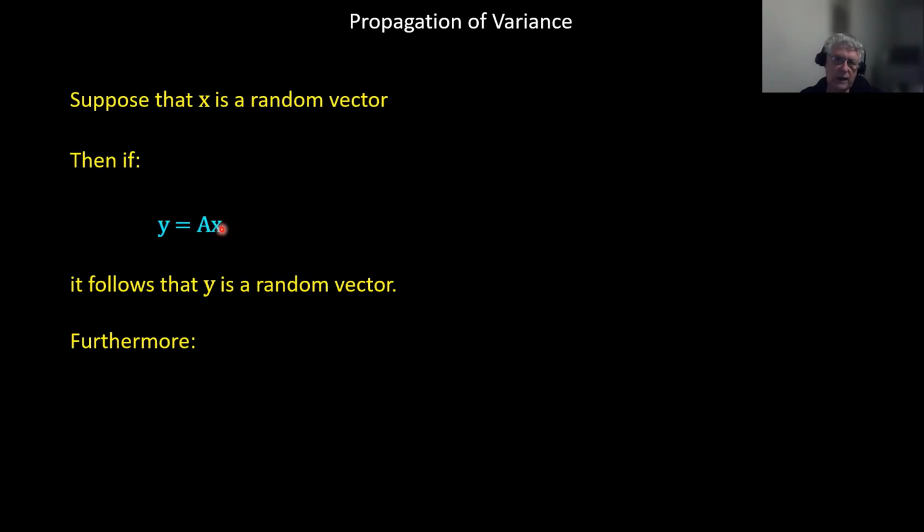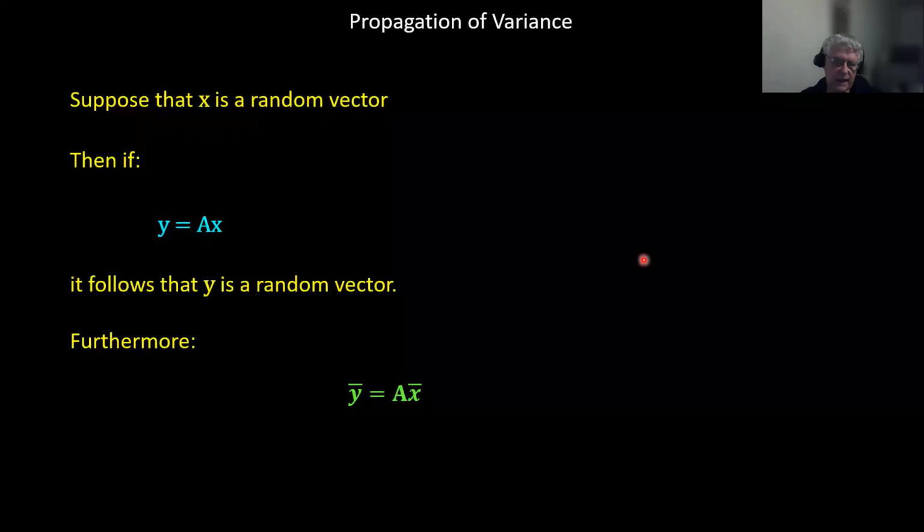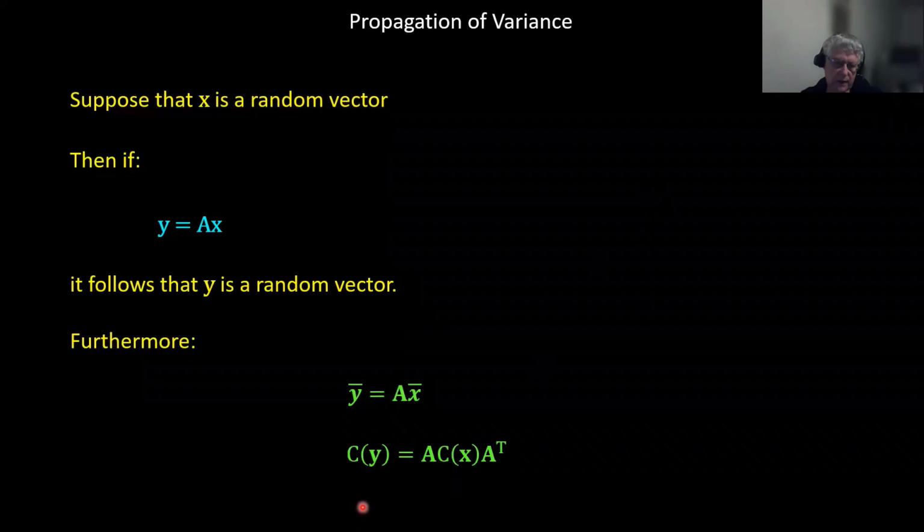Well, if x is random, y is random. Therefore, it's got to have a mean and a covariance matrix. Here's the mean. Simply A times the mean of x. Here's the covariance matrix. Using this simple equation, I propagate, as it's called, variance of x to variance of y. We'll use that all the time.